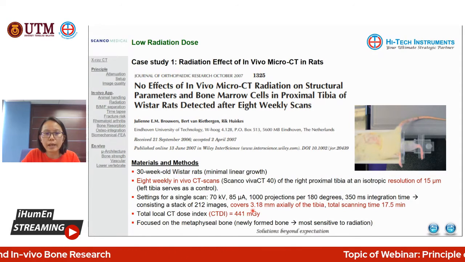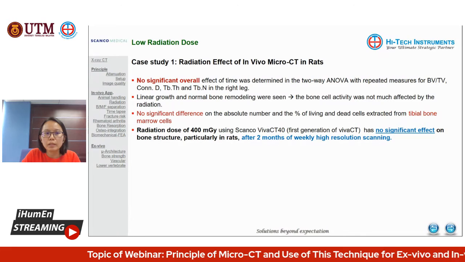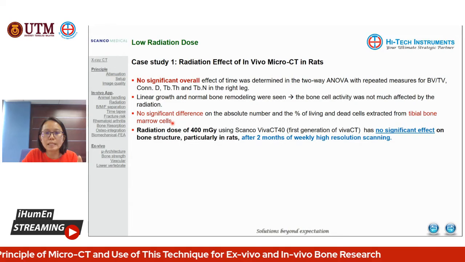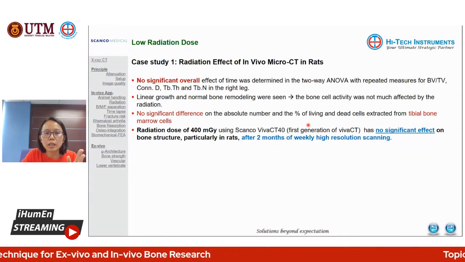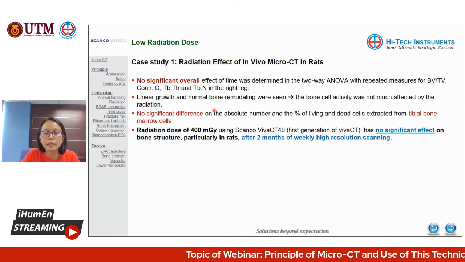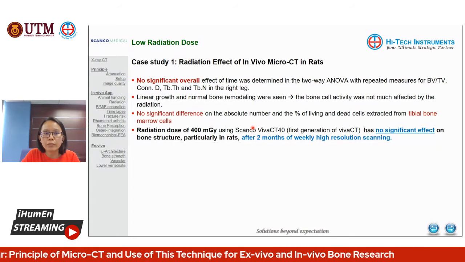For this study, let me show you. Yeah, the bone marrow cells. They cultured the bone marrow cells to see the live and the dead cells after the animal was exposed to radiation. They claim that there is no significant difference in the absolute number of live and dead cells of the bone stem cells.